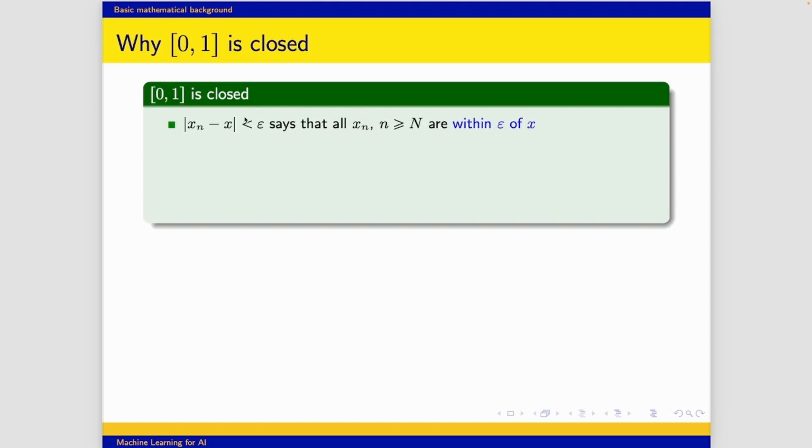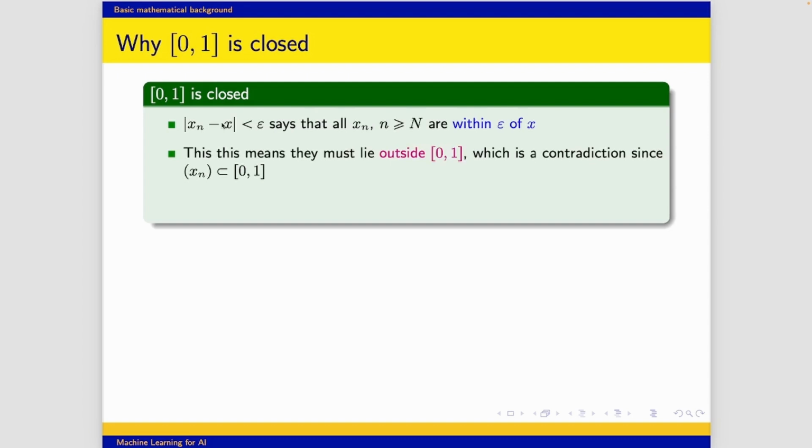But this means that they lie outside the interval 0 to 1, which is a complete contradiction because we defined the sequence as having all of its values inside this set, right?